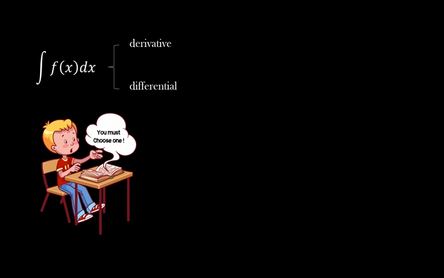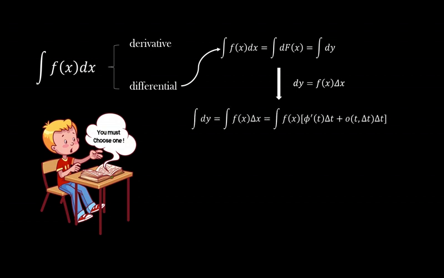If it was the inverse process of taking the differential, there should exist the integral of f'(x) dx equals the integral of df(x) equals the integral of dy. Thus when we used the second substitution method for integrals, according to the fundamental definition of the differential, namely dy equals f'(x) delta x, we had the integral of dy equals the integral of f'(x) delta x, where delta x equals the sum of phi prime(t) delta t and o(delta t) multiplied by delta t.